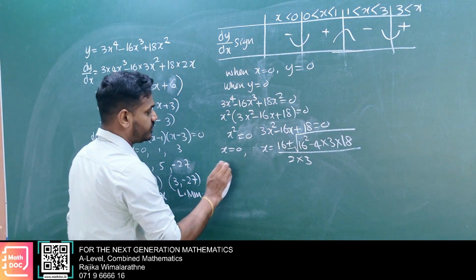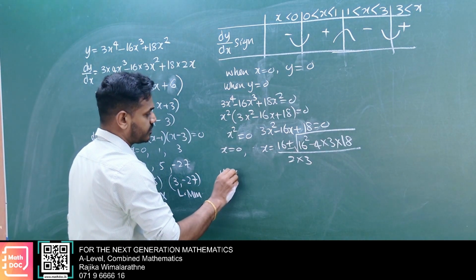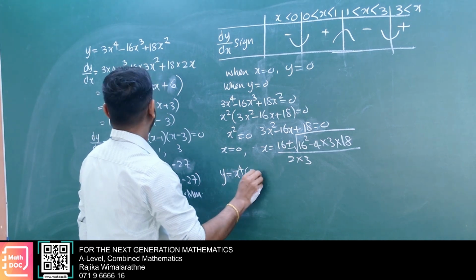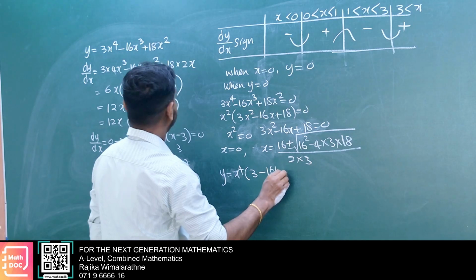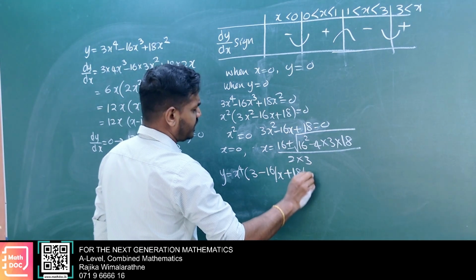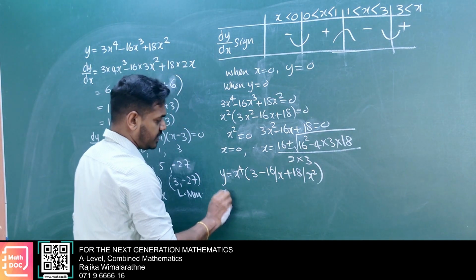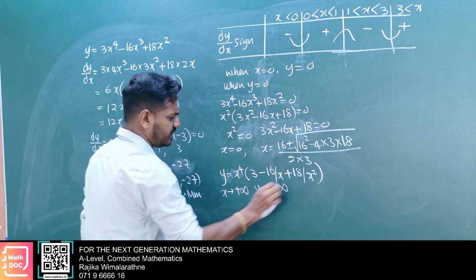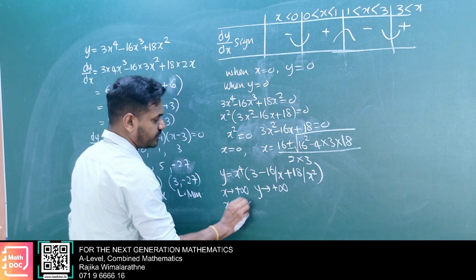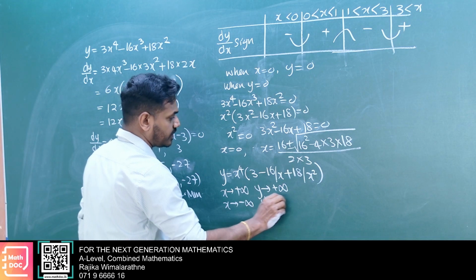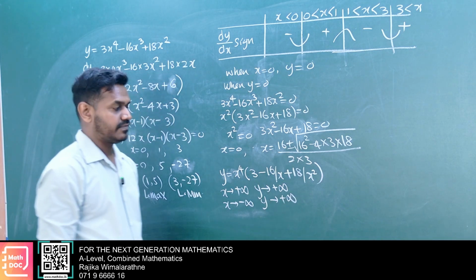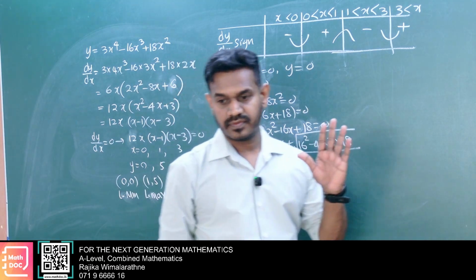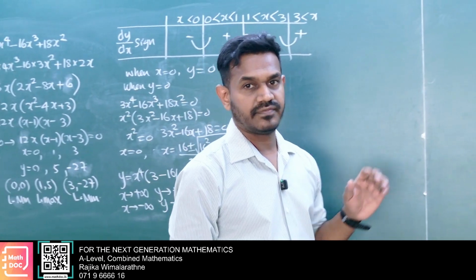Then take x to the power 4 outside: 3 minus 16 over x, 18 over x squared. As x goes to plus infinity, y is plus infinity; as x goes to minus infinity, y is plus infinity, both plus infinity. Now you sketch.